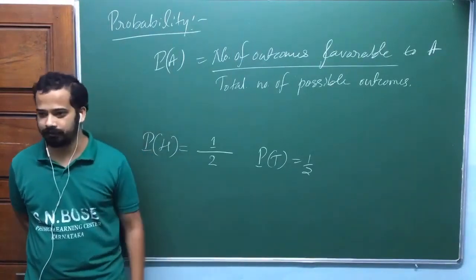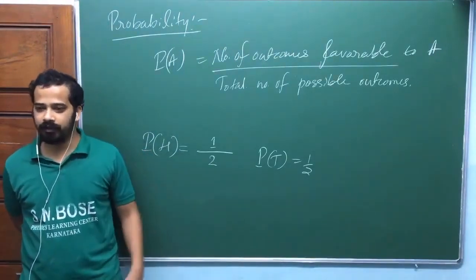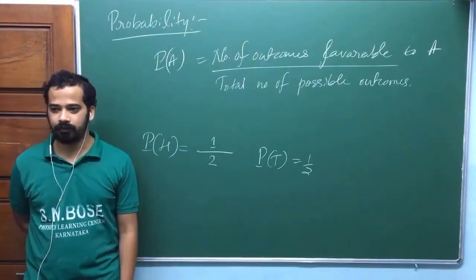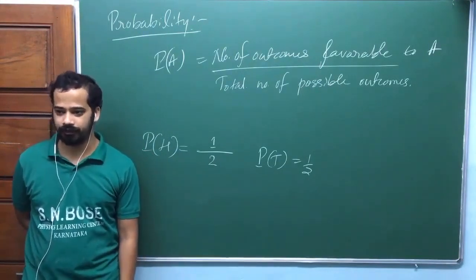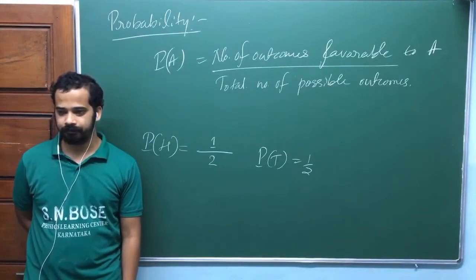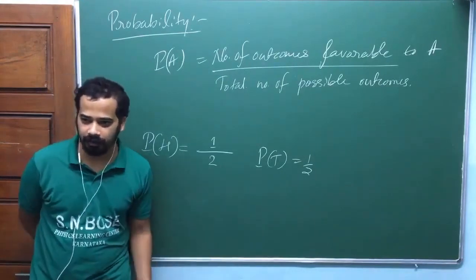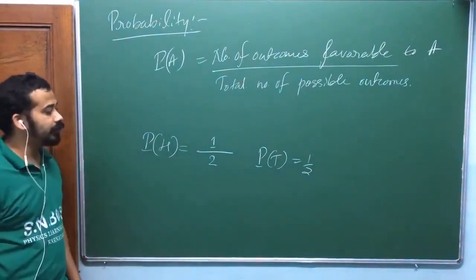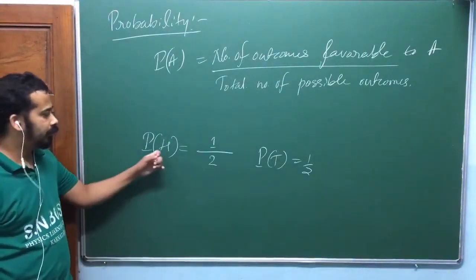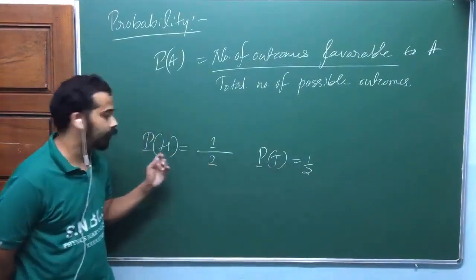Then how do you write this definition? Something is missing in this one. This definition is true only when these events are equally probable a priori.